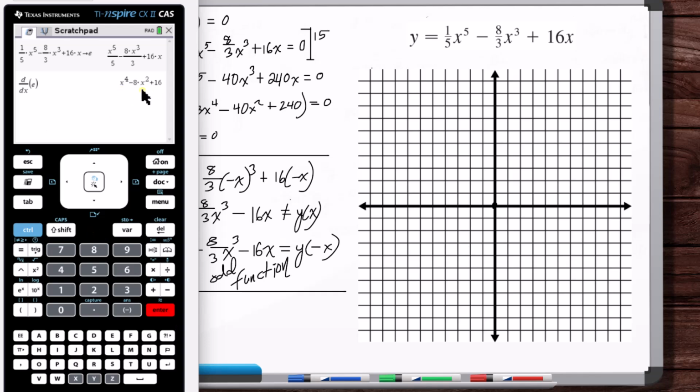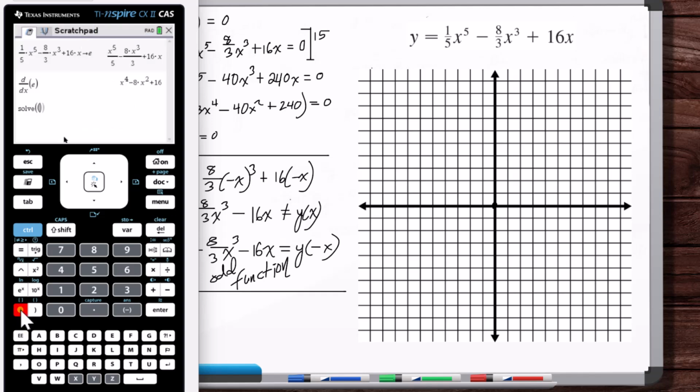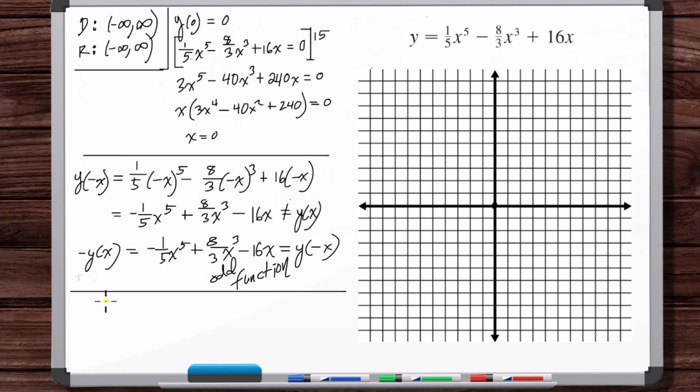There's nowhere where this doesn't exist. So let's just set this equal to 0 and solve. When does the first derivative equal 0? So x is equal to -2 or 2. So the critical points are x is equal to -2 and x is equal to 2.